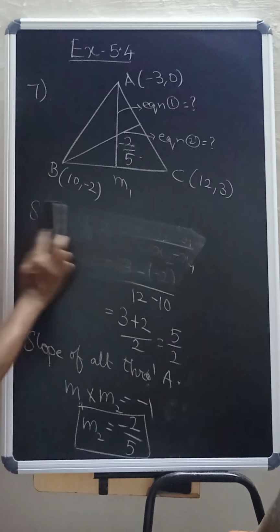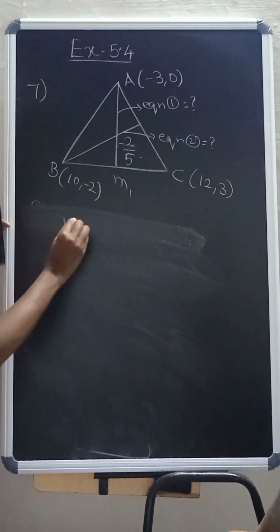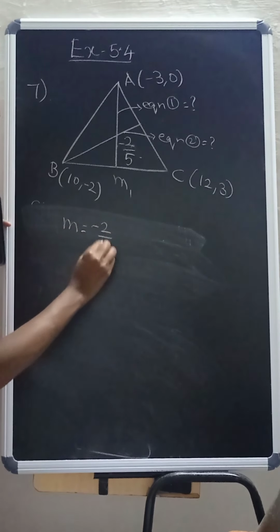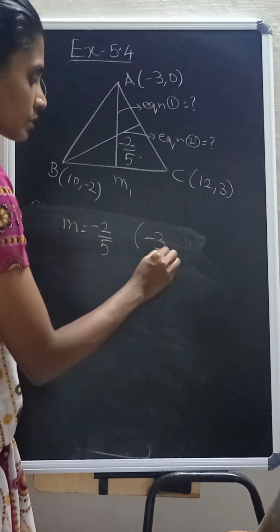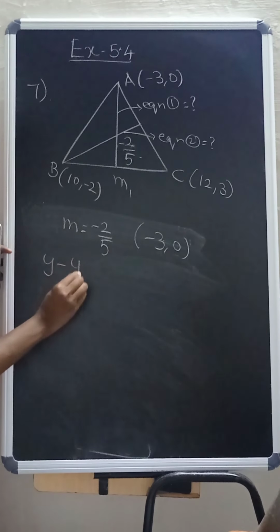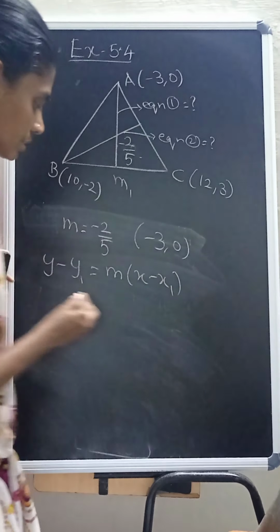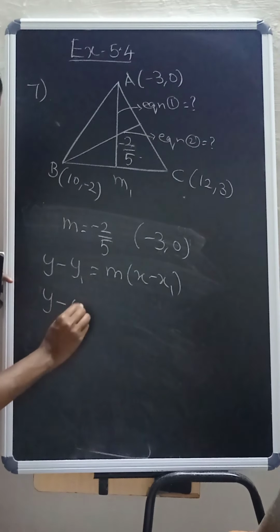Now you have slope -2/5 and passing through the point 3, 0. So the point slope form is y minus y1 is equal to m into x minus x1. Substitute the values.